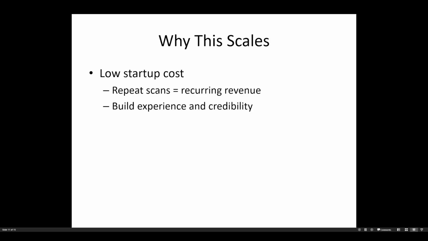But the part with more weight is your knowledge, being able to speak to somebody on the fly about why this is important, and being confident as well. It's huge. This scales because repeat scans equal recurring revenue, and then it just cycles.